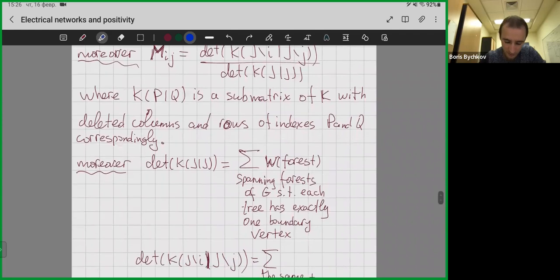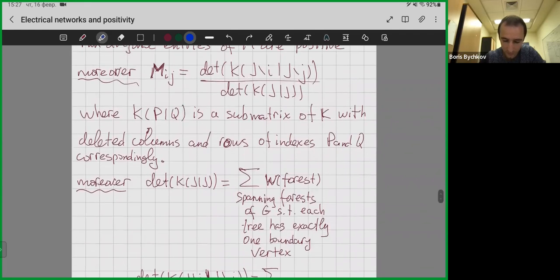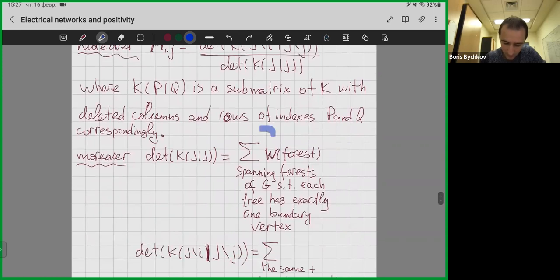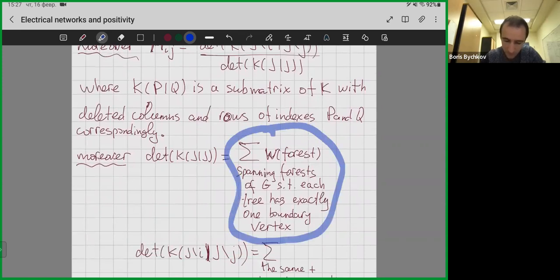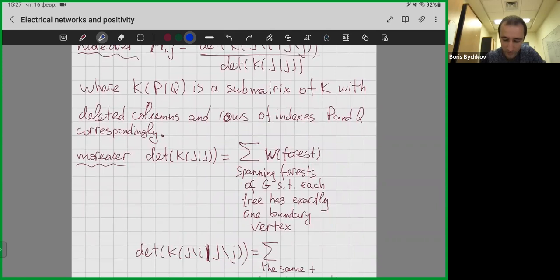So this determinant in the denominator is this guy. It's a sum of weights of spanning forests of the network G.